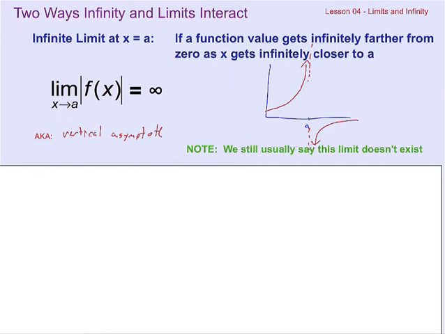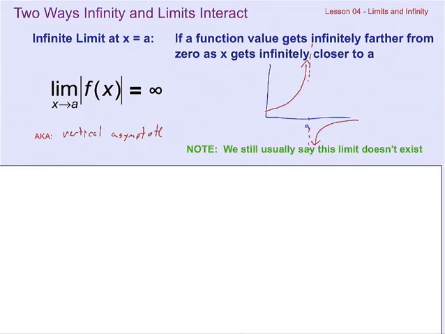But you've got to be careful. Make sure you don't say that the limit of f of x as x approaches a is equal to infinity if there's a vertical asymptote, because on one side, it's not even approaching infinity, it's approaching negative infinity. So that's why we put the absolute value bars there, so we don't really have to worry about it. Either way, you're also completely fine just saying the limit doesn't exist.